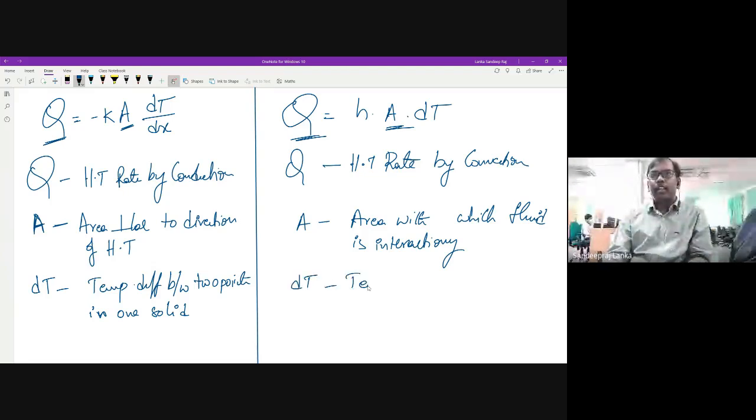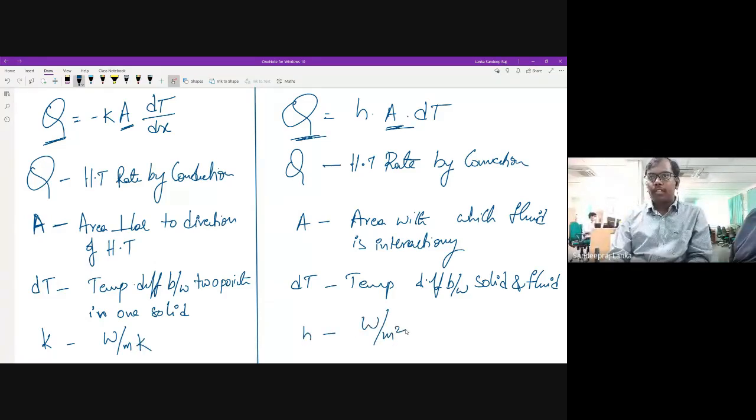Here, the delta T is the temperature difference between solid and fluid. This is a major difference between your delta T. And then your proportionality constant: here the unit is watt per meter Kelvin, here it is watt per meter square Kelvin.